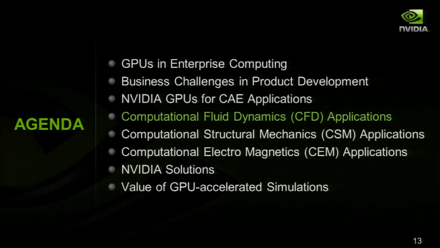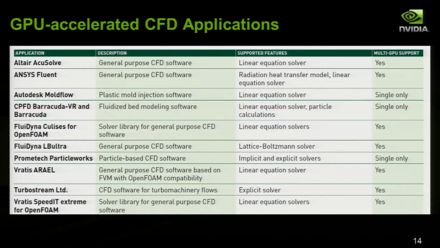Okay, so let's now dive into more details of particular applications, with CFD being the first one. Here is a landscape of GPU accelerated applications in CFD. ANSYS Fluent is, as you know, one of the most widely used codes, and we accelerate that.